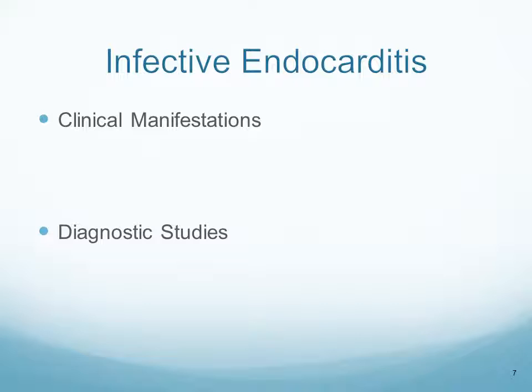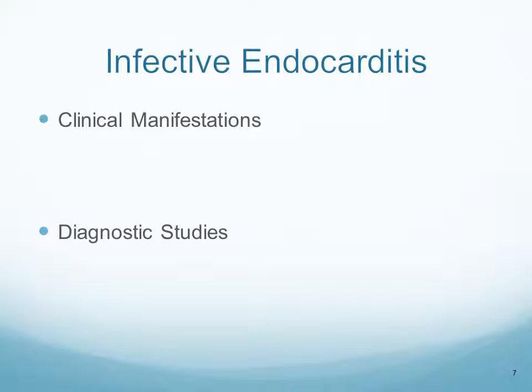Now let's move on to the diagnostic studies. Okay, so we remember that flu-like symptoms with a new or a changed murmur are going to be critical elements to determining. Another thing we're going to see is that the person will have a persistent bacteremia. That means they have bacteria in the blood, and there's evidence of myocardial involvement.